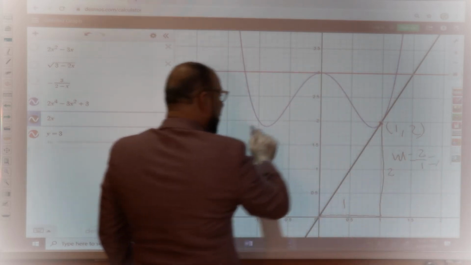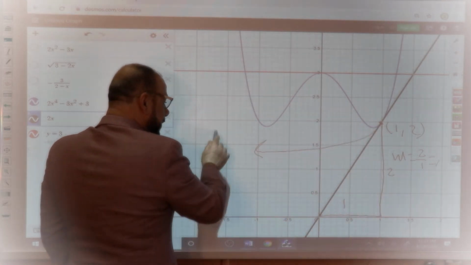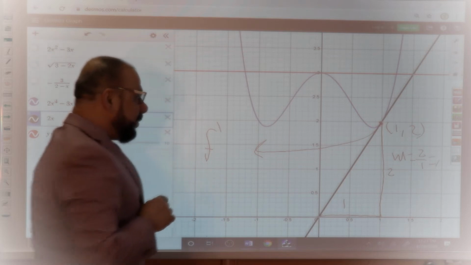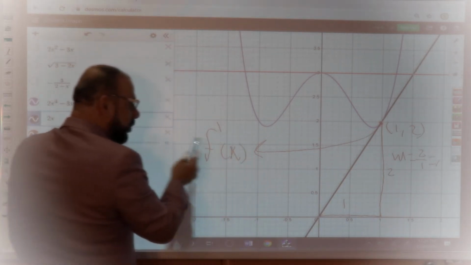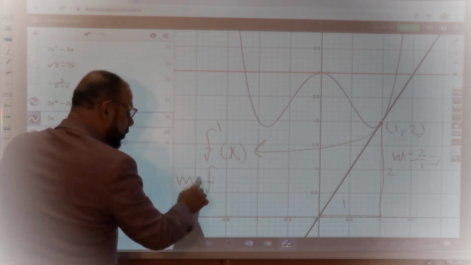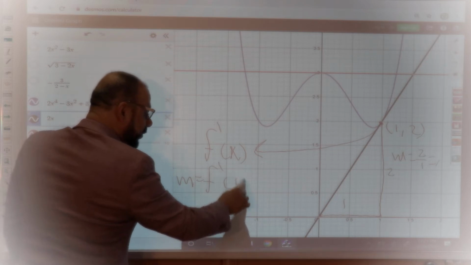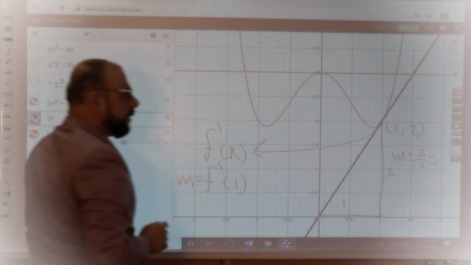Now this is my function, the blue one. If we define the derivative as f prime of the function, I'm going to show you how to find it. But the slope now, m equals f prime of the function at x equals 1.